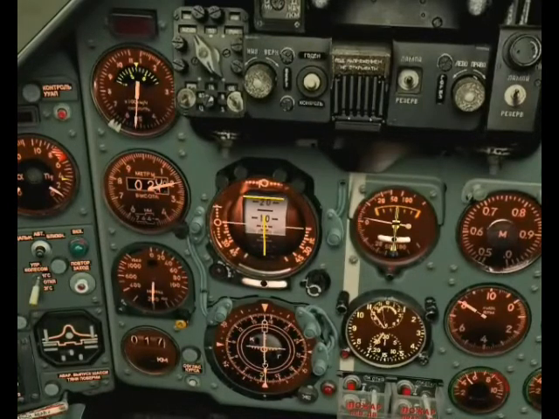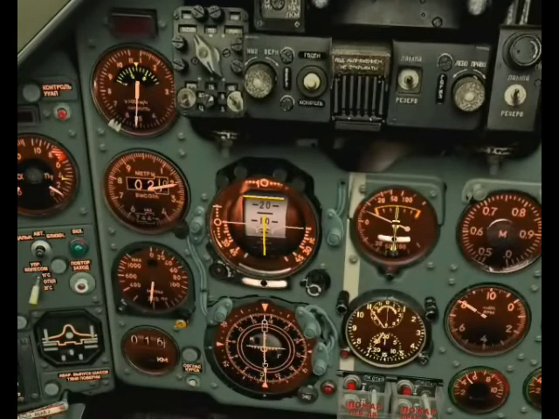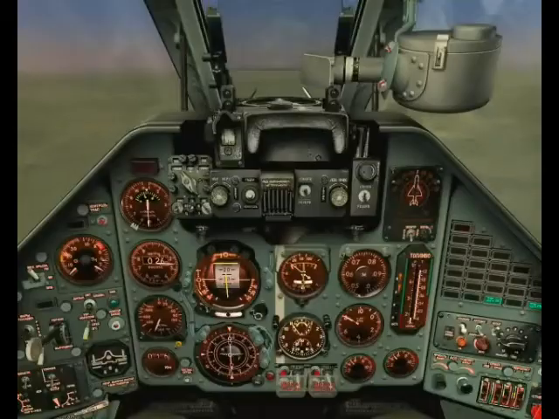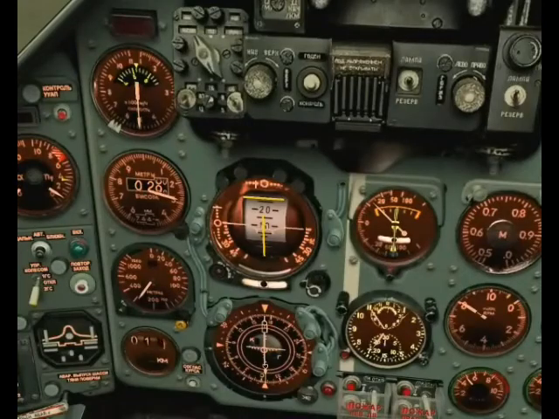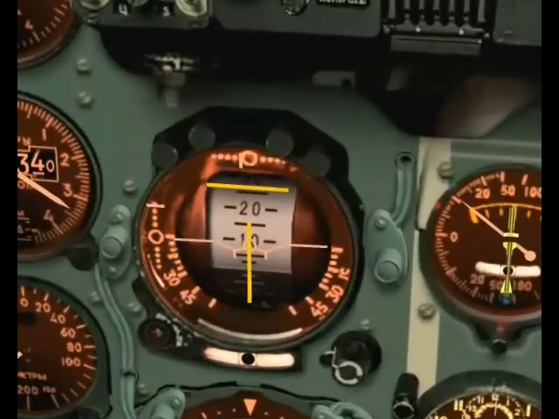Okay, and now let's climb up to our assigned altitude for this leg. Watch the horizontal bar on the yellow bar on the ADI. As we get close to the desired altitude, it'll start moving down the gauge.